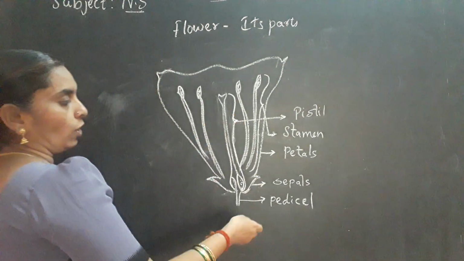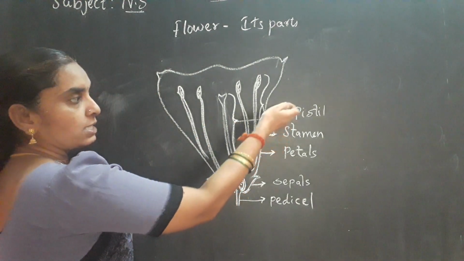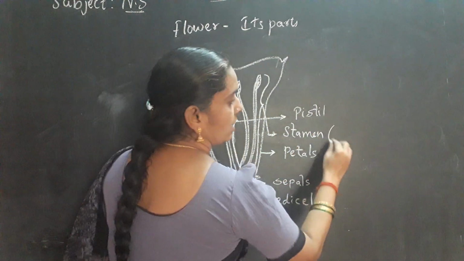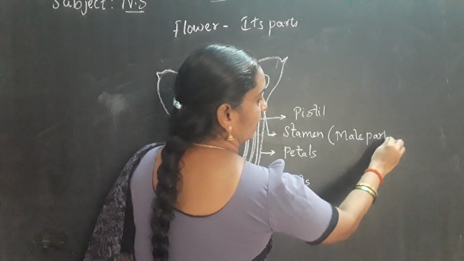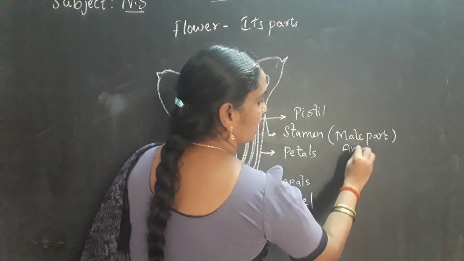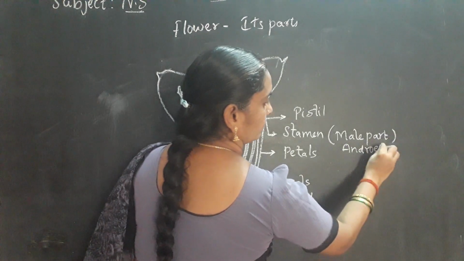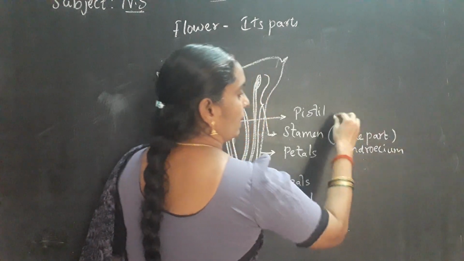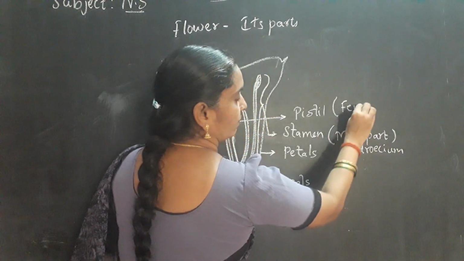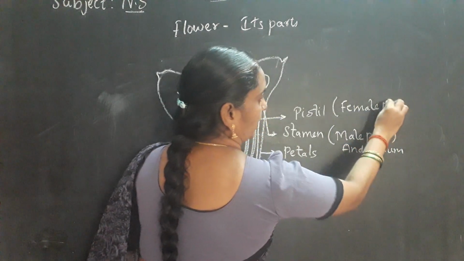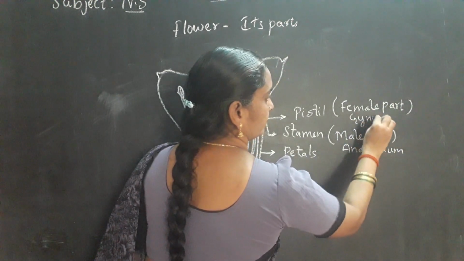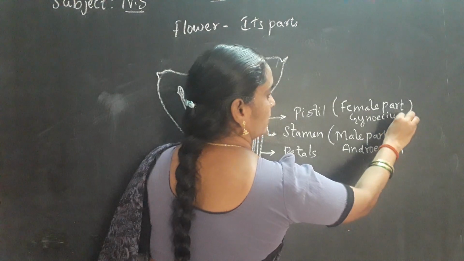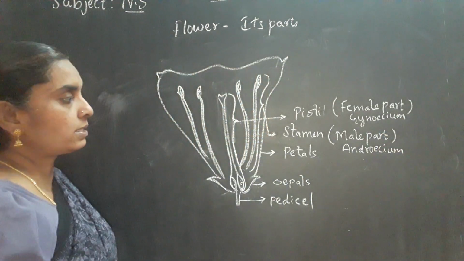Okay, so what does the stamen consist of? What does the pistil contain? Stamen is the male part of the flower, which is called androecium. Pistil is the female part of the flower, which is called gynoecium.